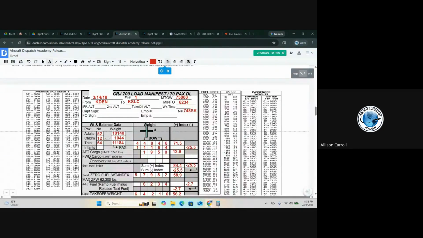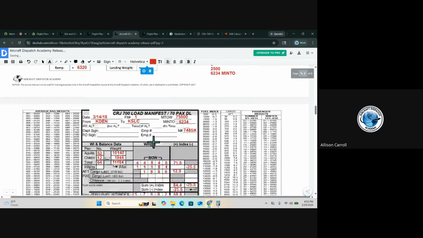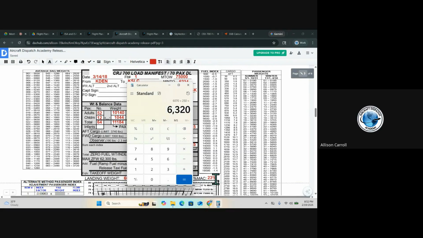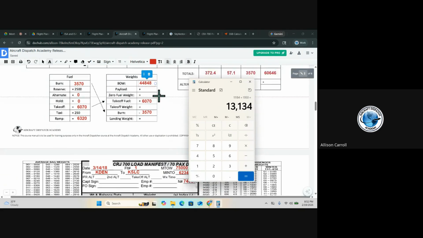Okay, our BOW, 44848. Our payload, remember what payload is made up of? It's our passengers and our cargo. So 11184 plus our 1950. So our payload is 13134.